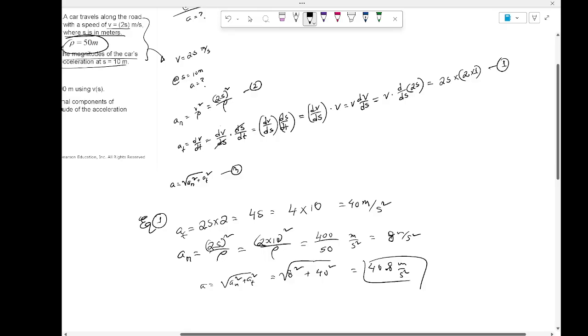The rho has another equation, which we also learned. AT is kind of straightforward: it is dv over dt. Now, depending on whether v is given as a function of t or in terms of s, things can be a little different, as you've seen in two different problems.